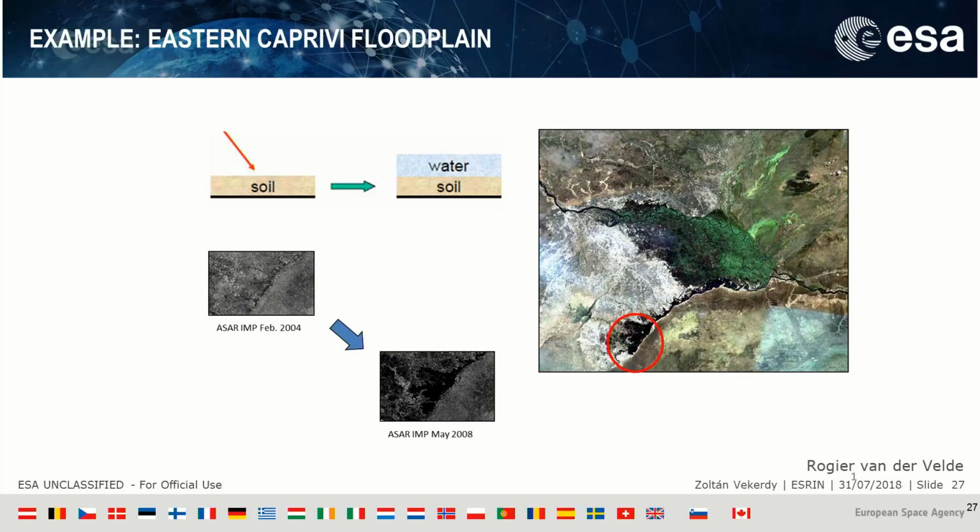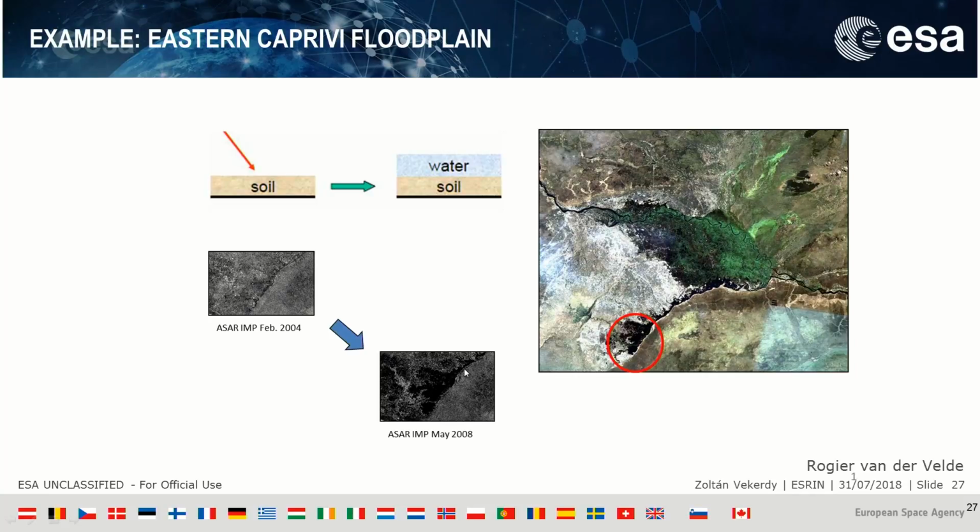That's an issue. Now, look at this, the Caprivi region in southern Africa. You can see here a radar image, an ASAR image, with relatively high backscatter, and the same when it is flooded with low backscatter.